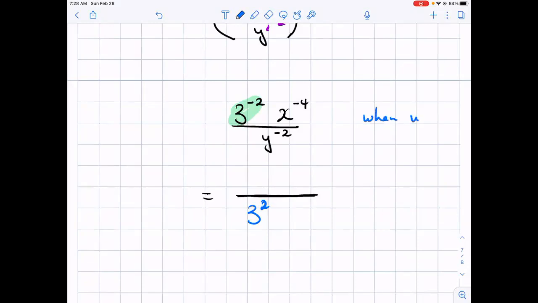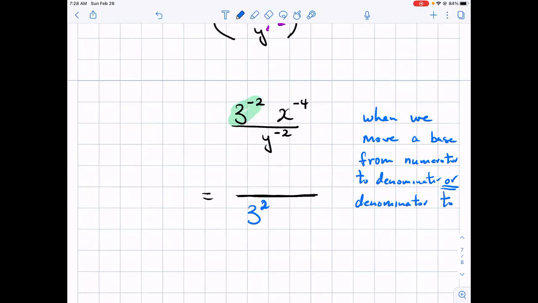When we move a base from numerator to denominator, or denominator to numerator, the sign changes.